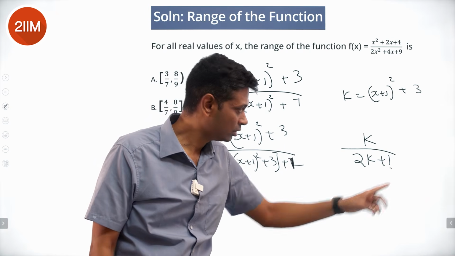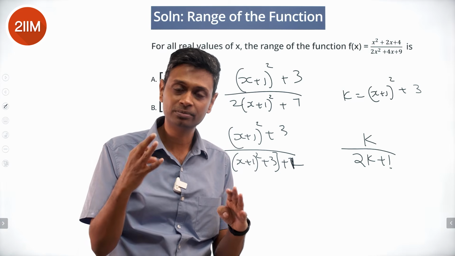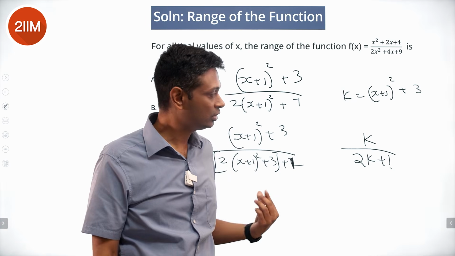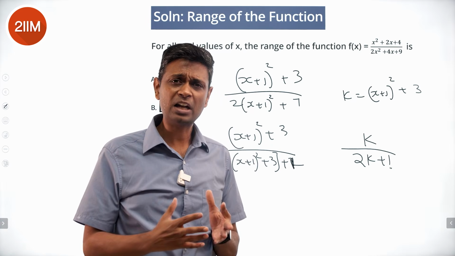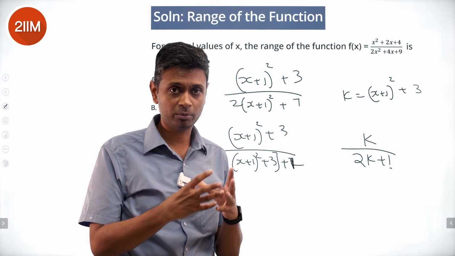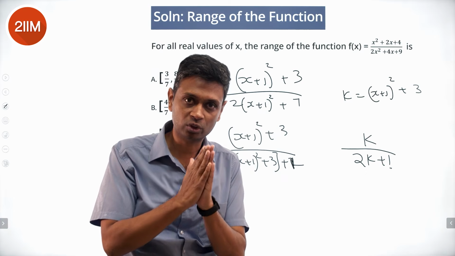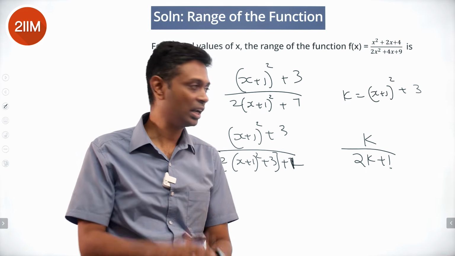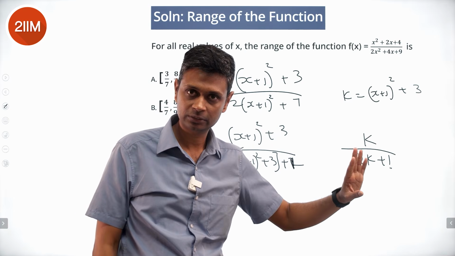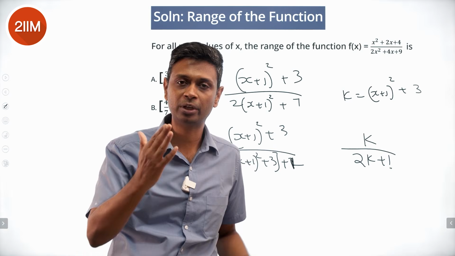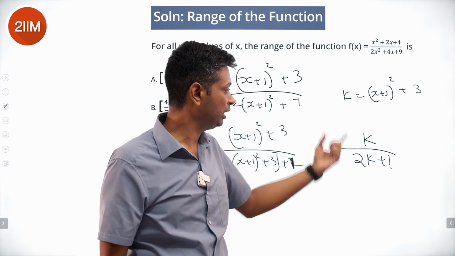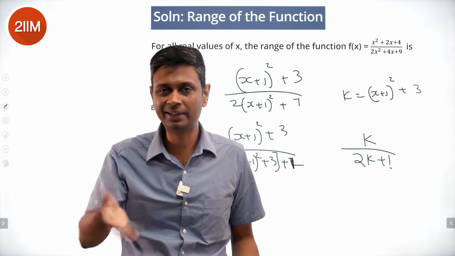This 1 loses significance slowly. The most significant point will be when k is as small as possible. If k becomes larger and larger, the 1 starts to lose significance. So it becomes effectively 1 by 2. If you put k as a billion, billion by 2 billion plus 1 is practically half.